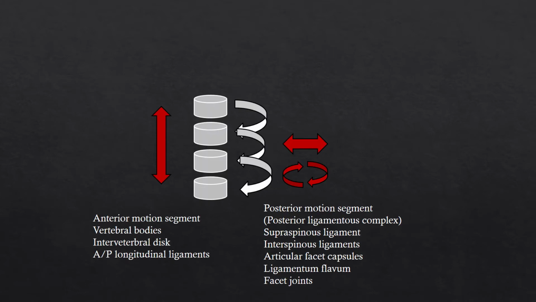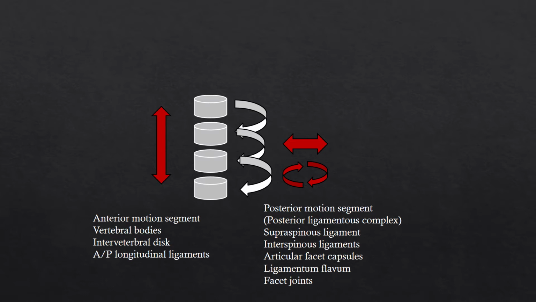Here I've developed a diagram of the motion segments of the spine and what provides stability. The anterior motion segment is primarily made up of the vertebral bodies and the intervertebral discs, and these are primarily responsible for axial loading. The posterior motion segment is made up of the posterior ligamentous complex and the facet joints, and is involved in controlling flexion and rotational forces.